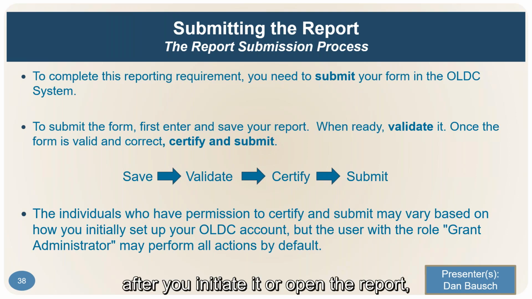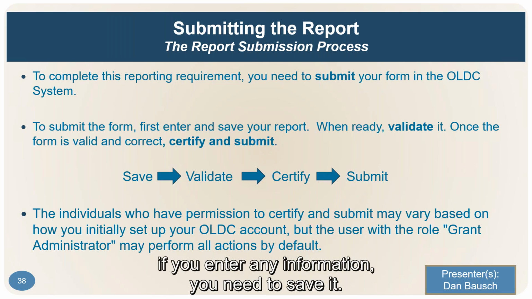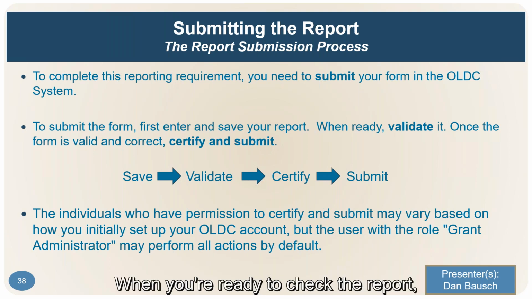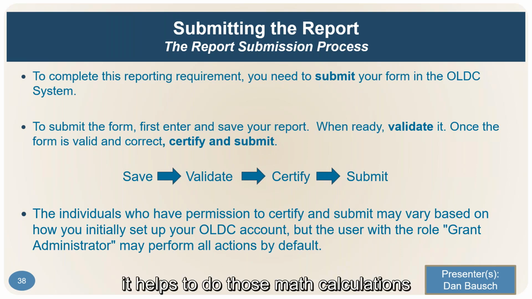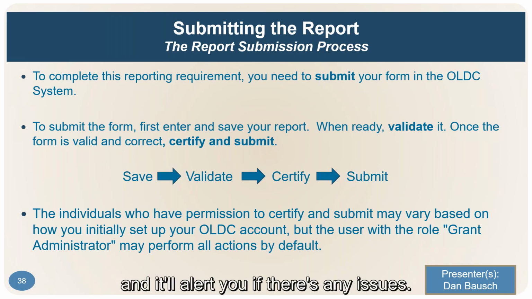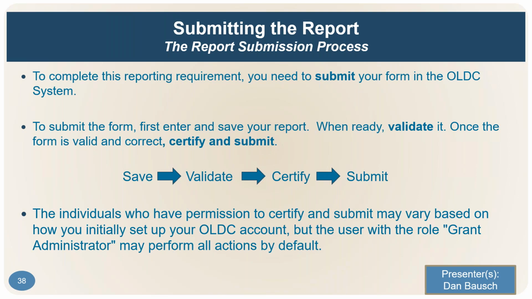After you initiate it or open the report, if you enter any information, you need to save it. When you're ready to check the report, there's a validate step. Once you validate it, it helps do those math calculations on those lines I mentioned, and it'll alert you if there's any issues.